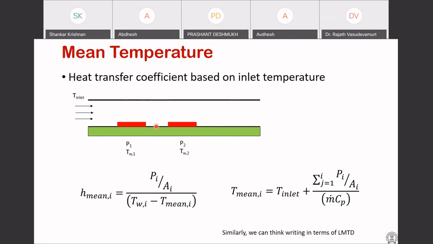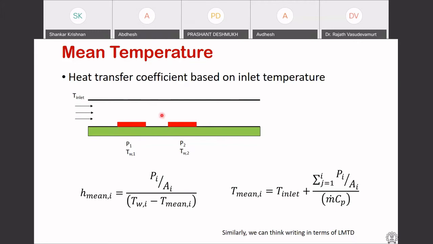What really happens is, if my flow comes in and I pick up some amount of heat and I'm dumping that heat into the stream, if the next heat source is very adjacent, this volume or empty space is not sufficient to mix the flow thoroughly.